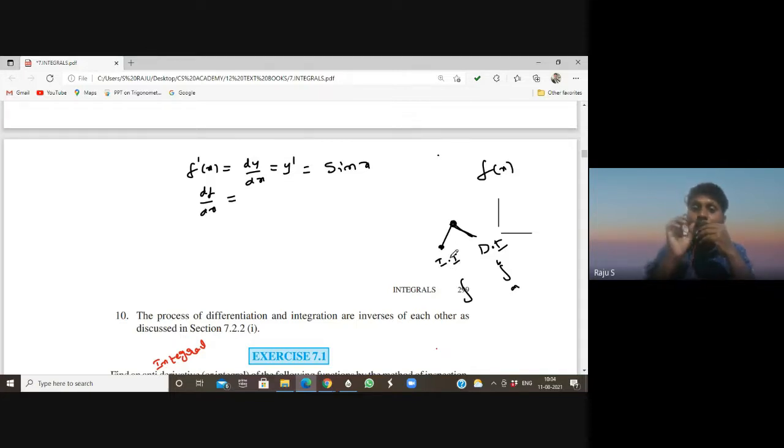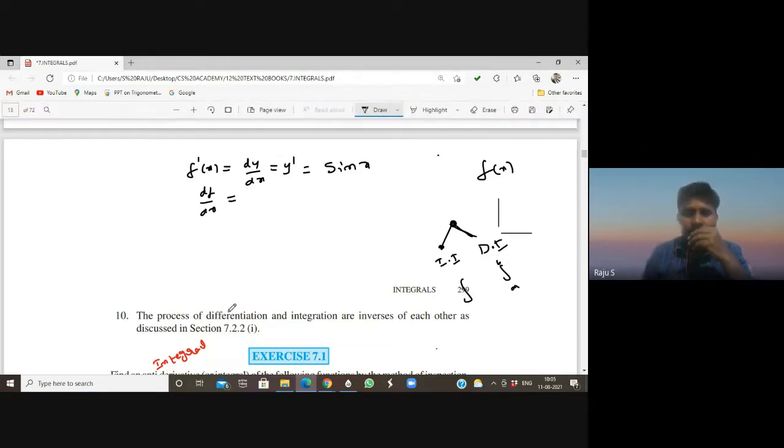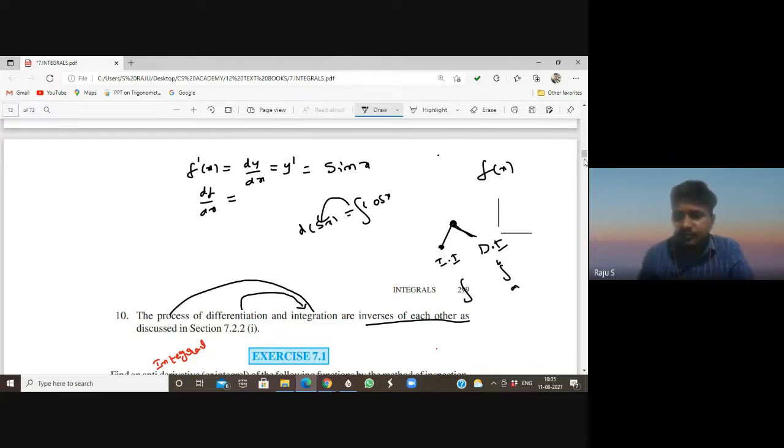The process of finding the integral is called integration. Integration and differentiation are inverse to each other. Inverse to each other means the derivative of sin x is cos x, and the integral of cos x will be sin x.